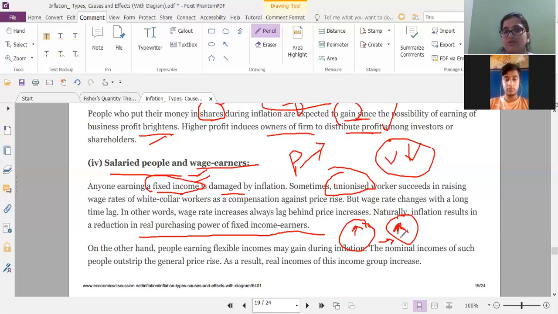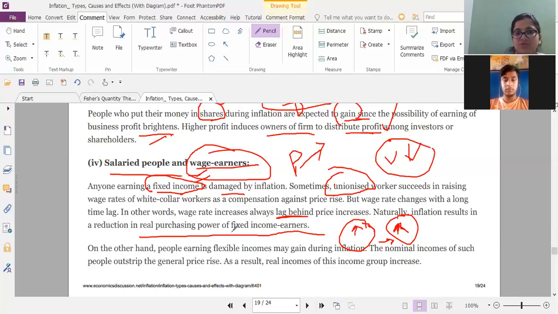The inflation is running fast, and this increase in wages is slow. There can be a time lag, right? And therefore, this increase in wages does not make any difference, and these wage earners are at loss, right?